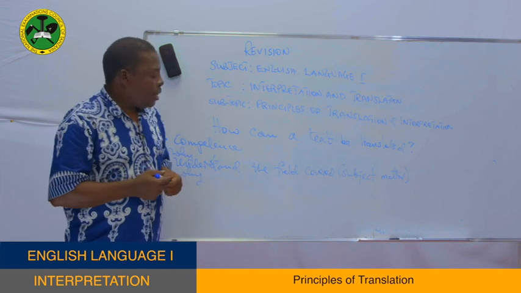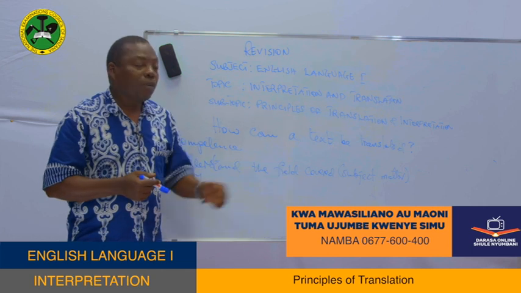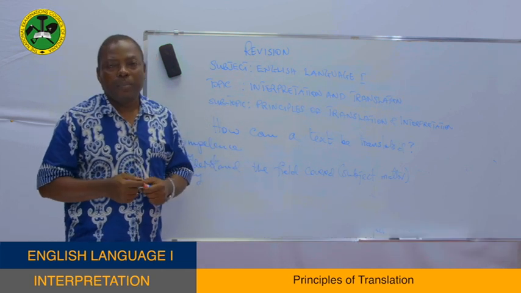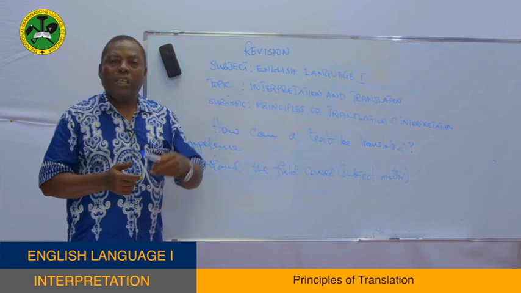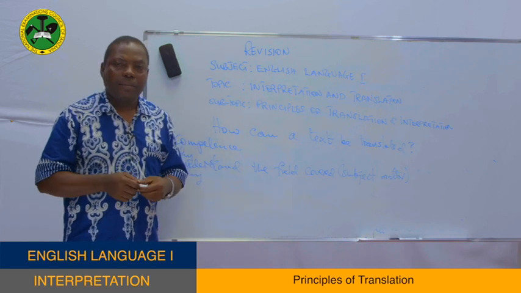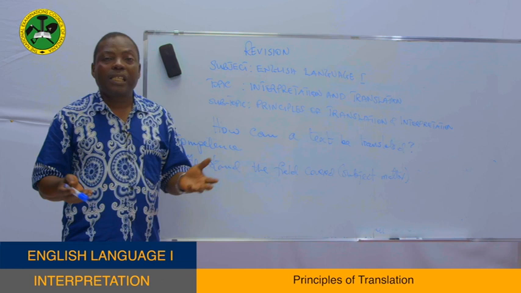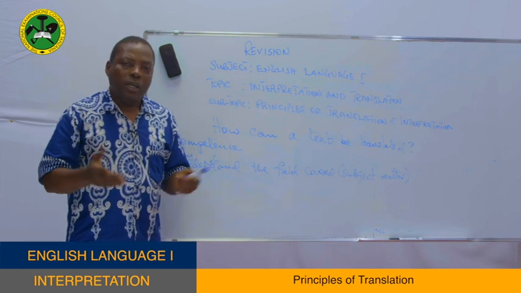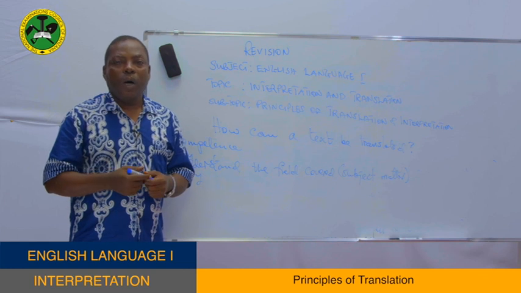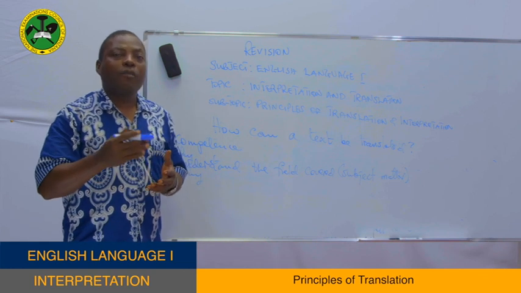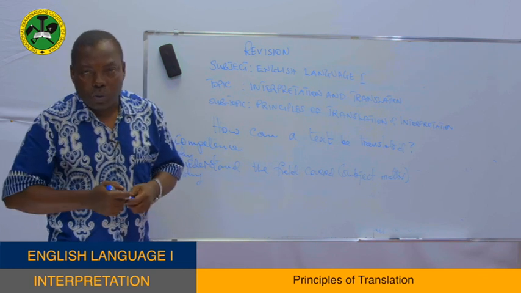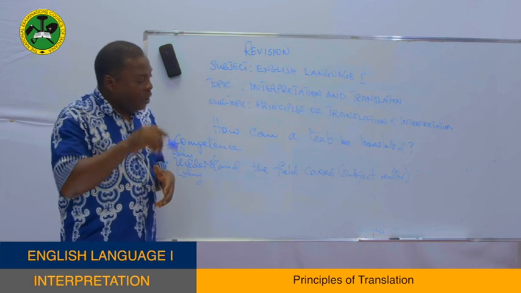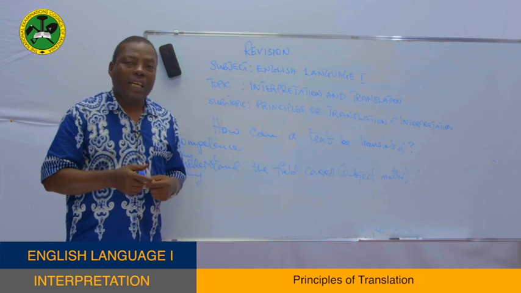Let's assume that the text has been written by using legal language, or it is a scientific text. And here comes a translator who happened to have not gone to legal schools. And also this other person has not gone to scientific schools.